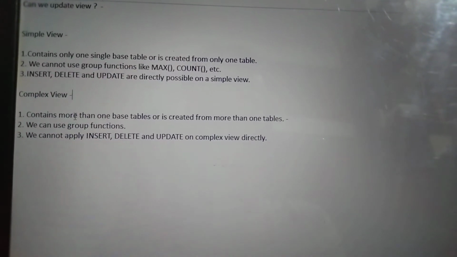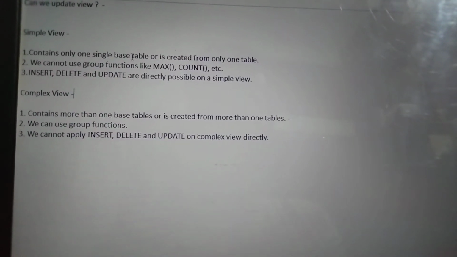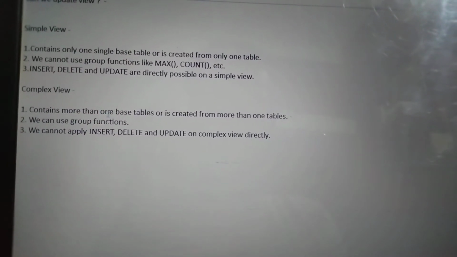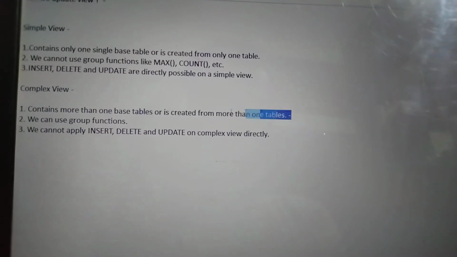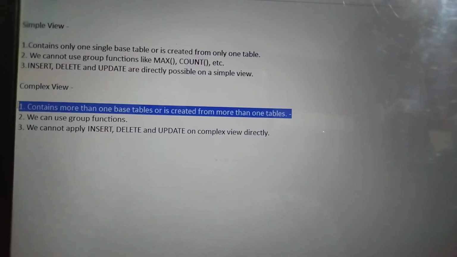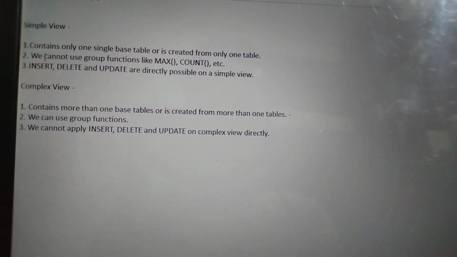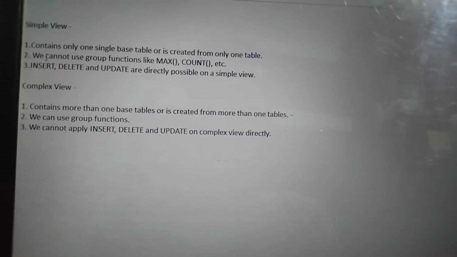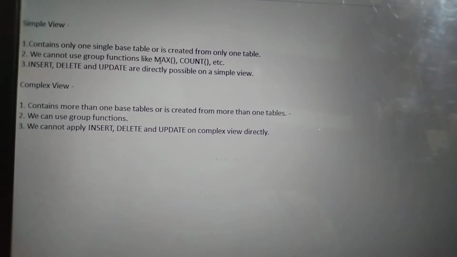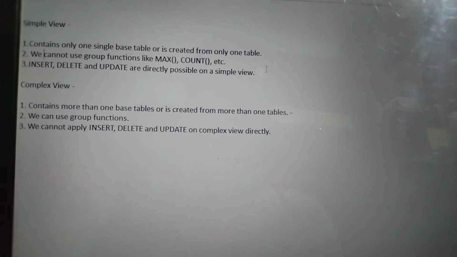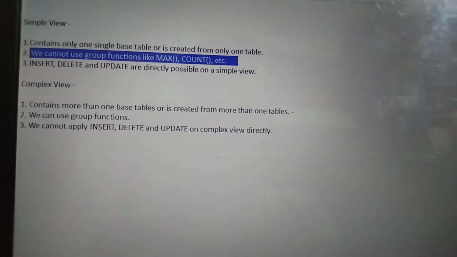The simple view is created based on one single base table, whereas the complex view contains more than one base table, which will have joins and set operators like union all. In a simple view we cannot use group by functions like max, count, min, aggregate or analytical functions.